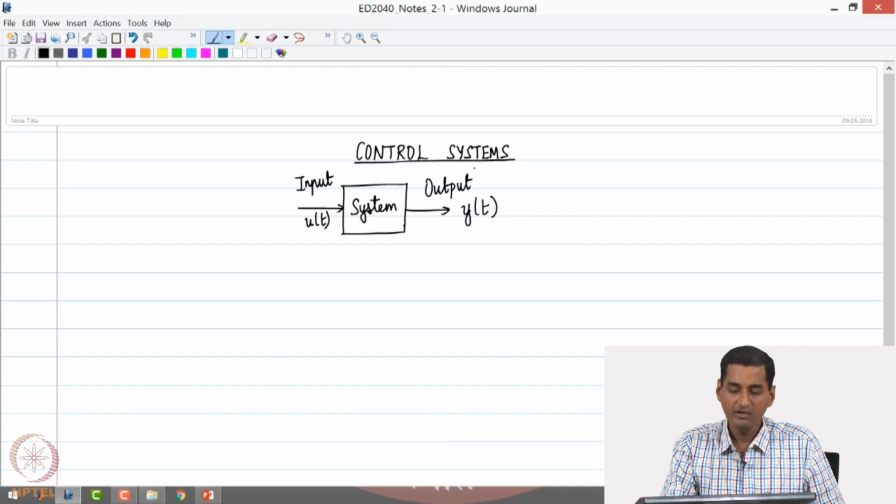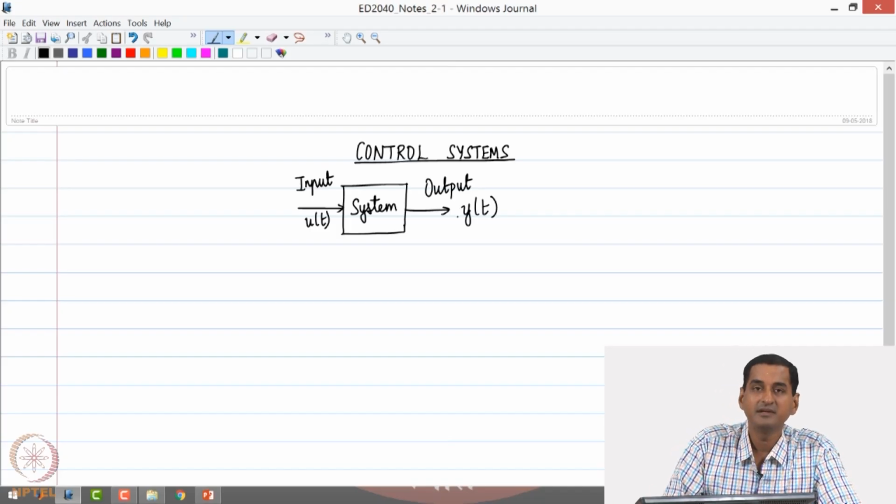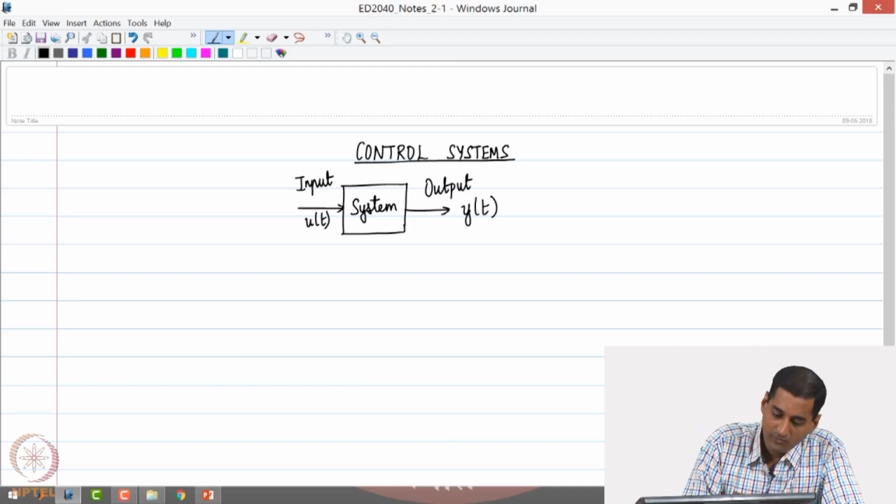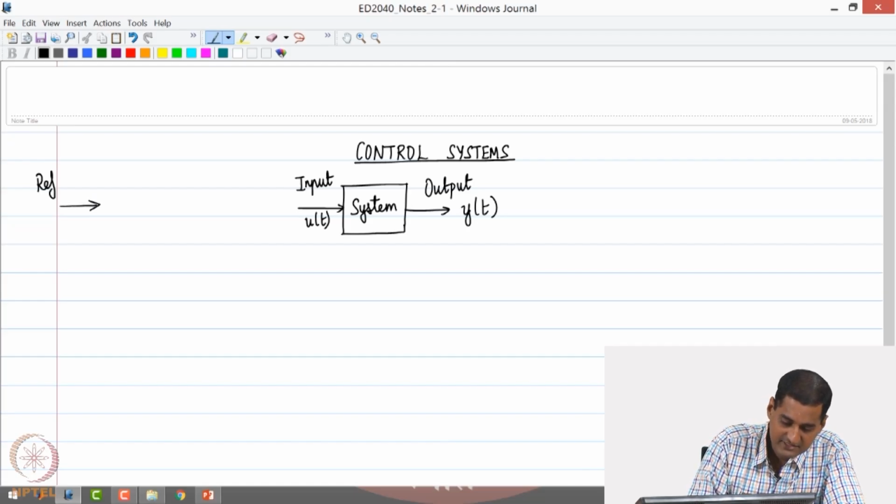So, if we want to regulate the value of the system output y of t around a desired point or in a desired region, what we do is give what is called a reference input, which is denoted by r of t.